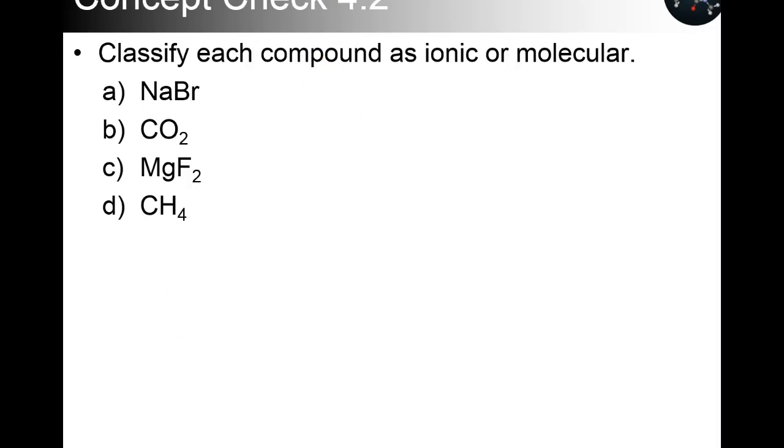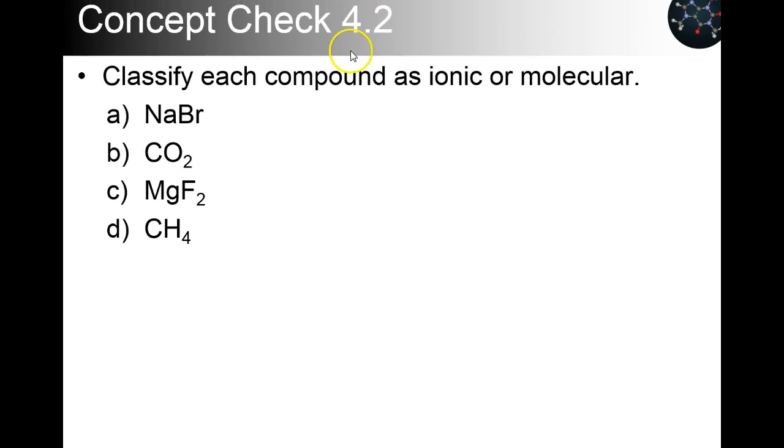Let's go ahead and do another concept check here. We have to classify each compound as ionic or molecular. Ionic will have a metal and a nonmetal, and molecular or covalent will have no metals in it. Sodium bromide: we've just been talking about sodium chloride being ionic, so sodium bromide would be ionic.